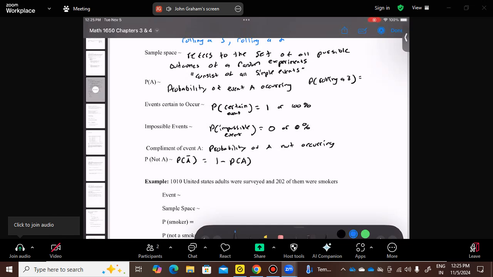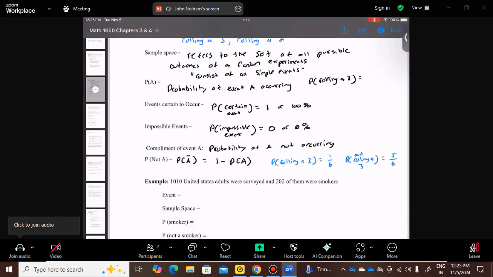Right, think about it this way. The probability of rolling a 3 equals 1/6, since there's 1 out of 6 possibilities on a regular 6-sided die. The probability of not rolling a 3 is 5/6.